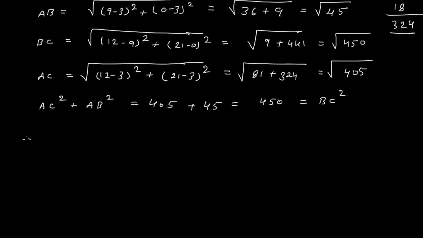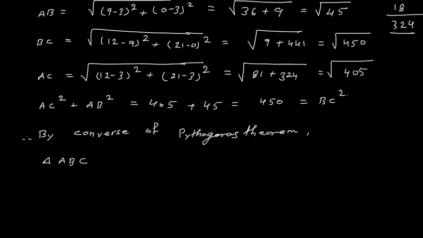So therefore we will say that by the converse of Pythagoras theorem, you know what is the converse of Pythagoras theorem? That if the sum of squares of two sides is equal to the square of the third side, then it is a right angle triangle. So by the converse of Pythagoras theorem, I will say that triangle ABC is a right angle triangle.